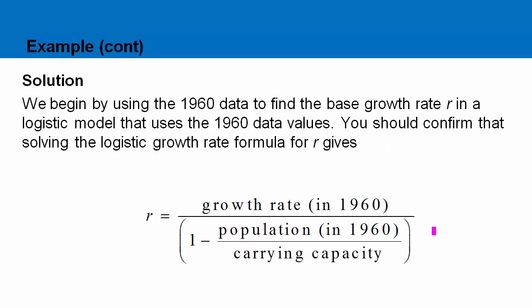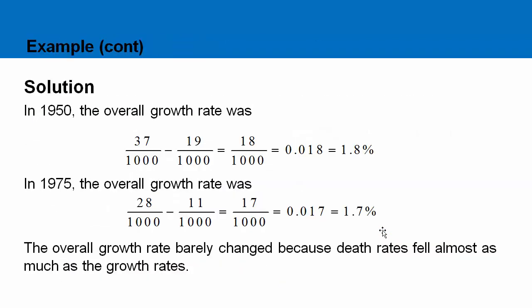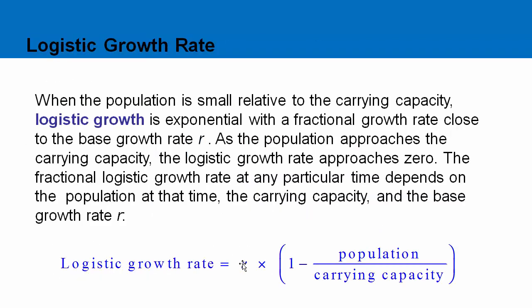Well, we can figure this out by starting with the 1960 data to find the base growth rate R in our logistic model. And that should confirm if things work or not. So the growth rate R, if we go back to the formula up here and want to solve for R, can you see how it would just be the logistic growth rate divided by this weird stuff in the parentheses?